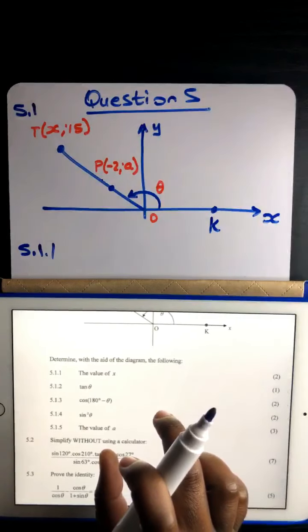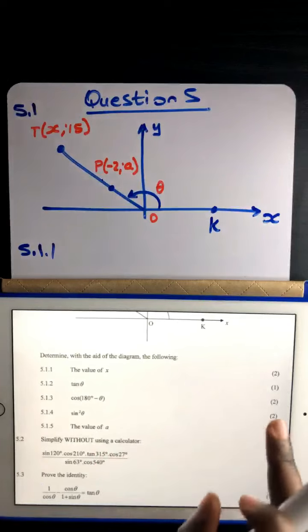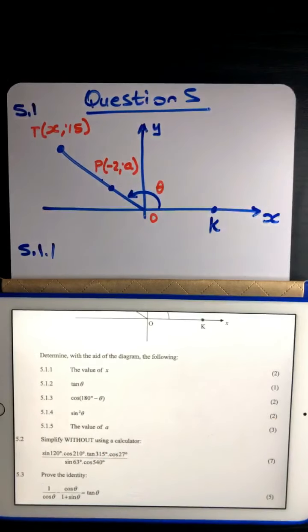And this question is allocated 2 marks, which means it is not that complicated. Do not complicate what seems to be easy. Just apply all the information that you know.